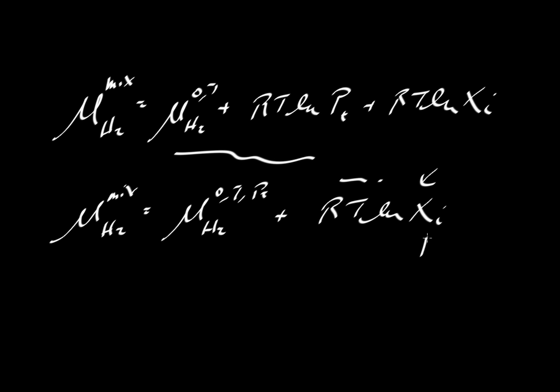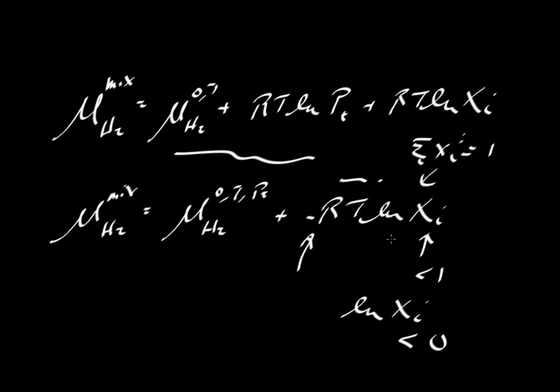So what does this mean? X sub i is always less than 1, as it must be, because the sum of all Xi's must be equal to 1, so any individual component must be less than 1. That means the natural log of Xi will always be less than 0, and this term will always have a negative sign in front.